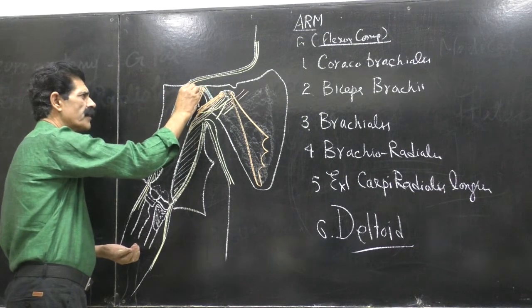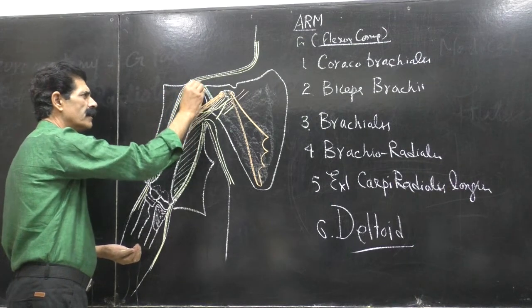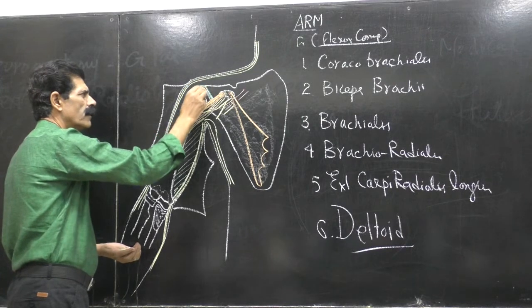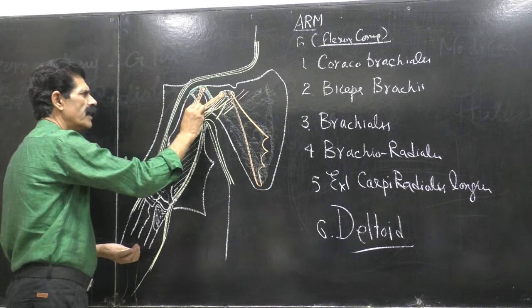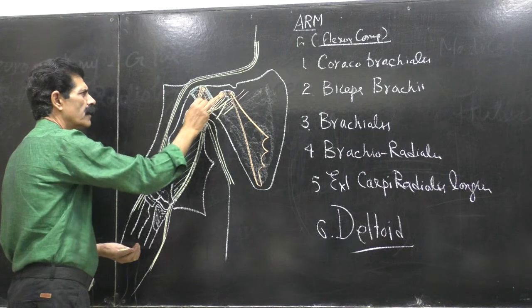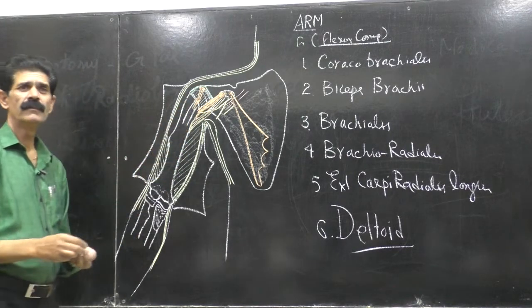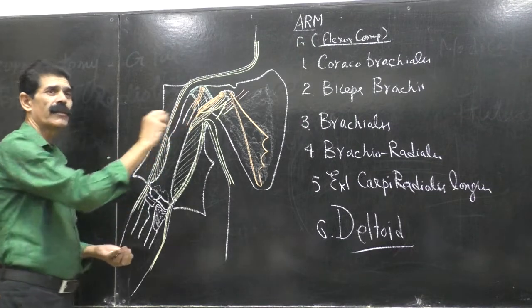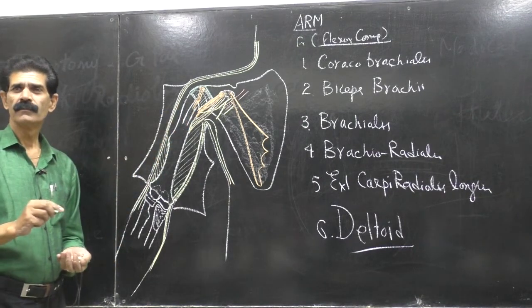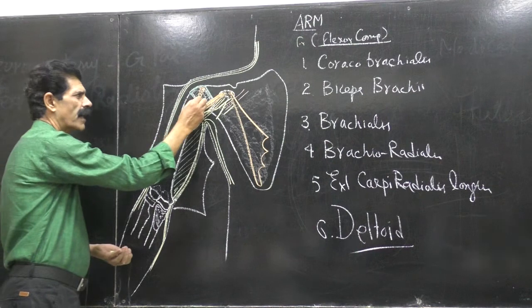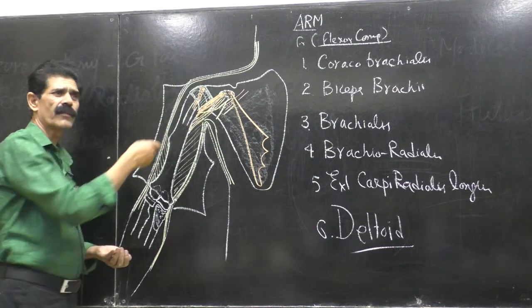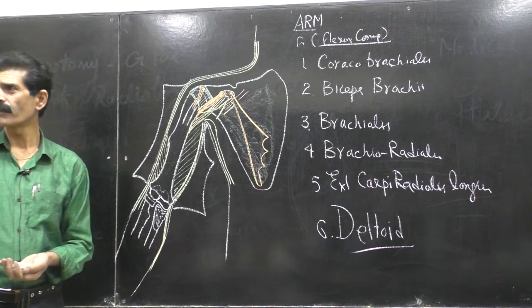Then this fibrous capsule is attached to the anatomical neck of the humerus. But when it comes to the intertubercular groove, the fibrous capsule has a perforation. A gap is there, and this gap is for the exit of the long head of the bicep.